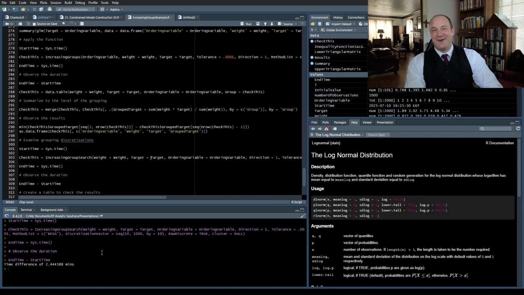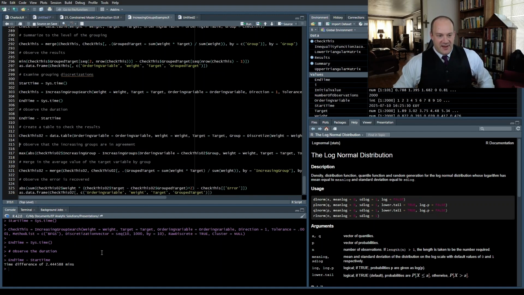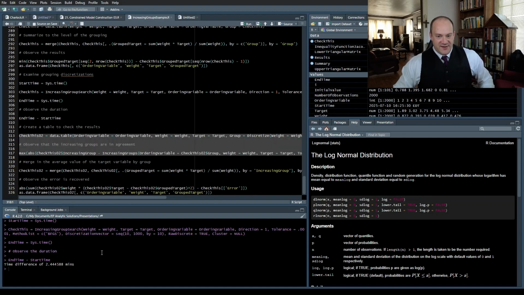It's very, very fast. And so that allows us to look for, if you will, the best grouping of things in a reasonable amount of time.